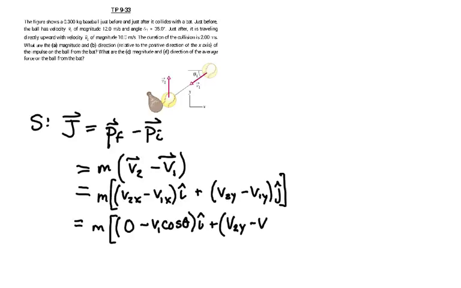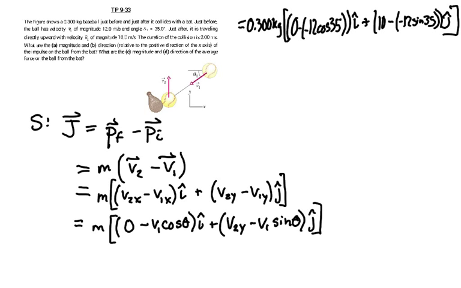And our initial velocity and its y component was the magnitude of the initial velocity times sine of the angle. So now we can put in our given values, our mass, our final minus our initial in the i-hat direction, and our final minus initial in our j-hat direction.